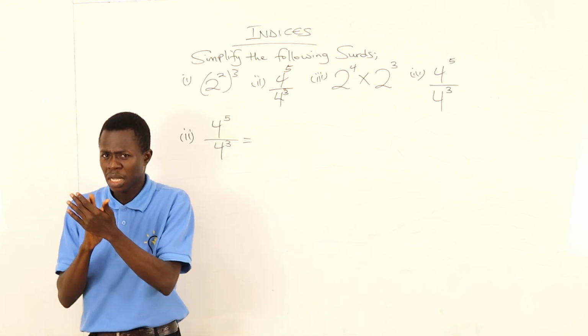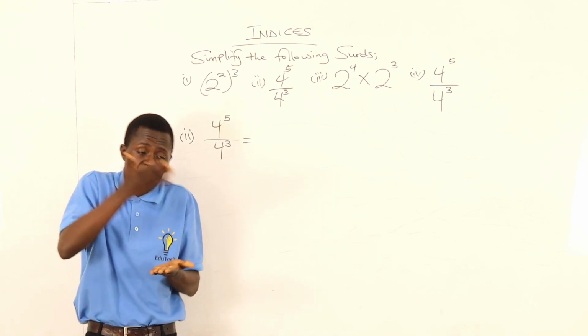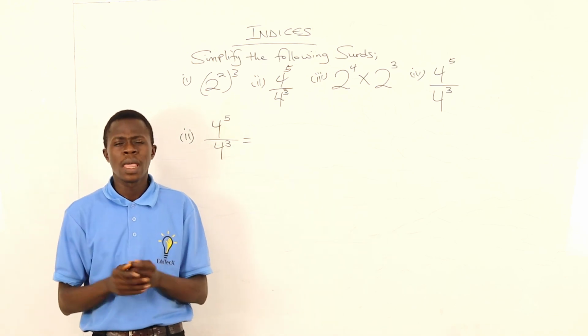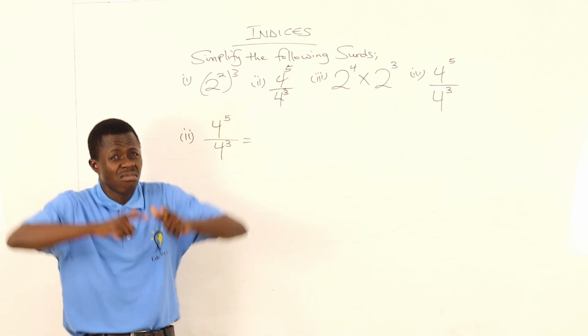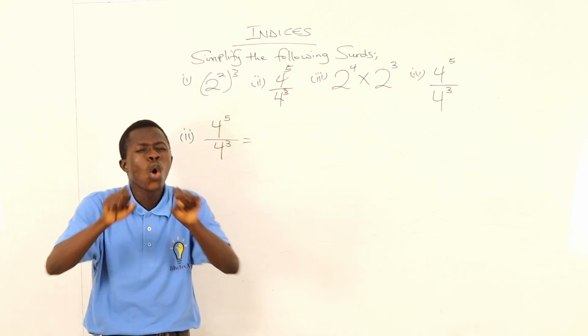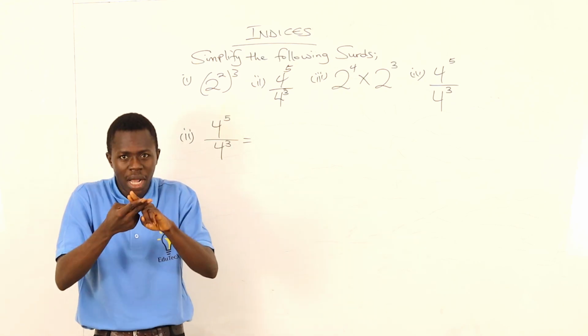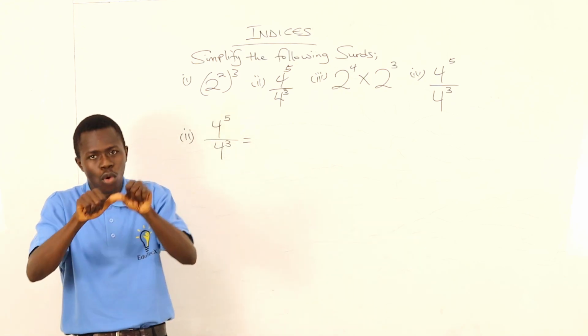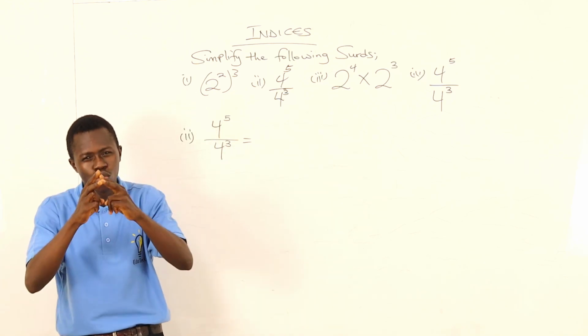Some might decide to straightforward apply law 2, and some might decide to simplify 4 before going to law 2. But let's take note that with bigger numbers, we simplify them first before we apply the laws.